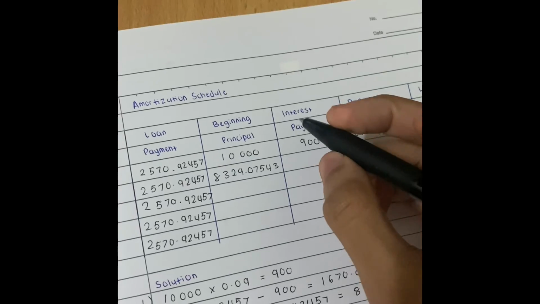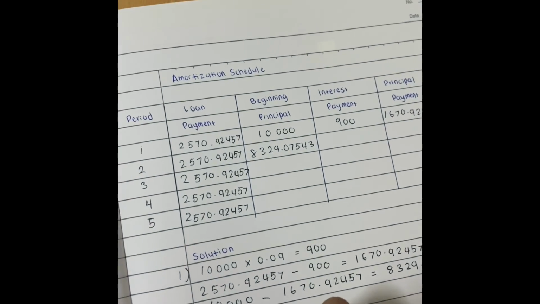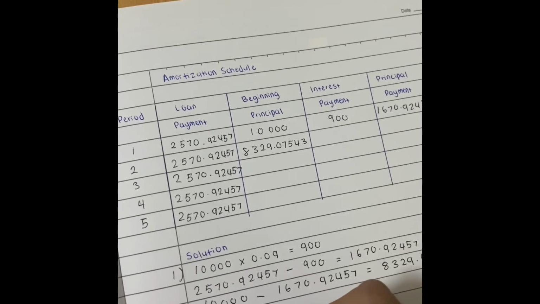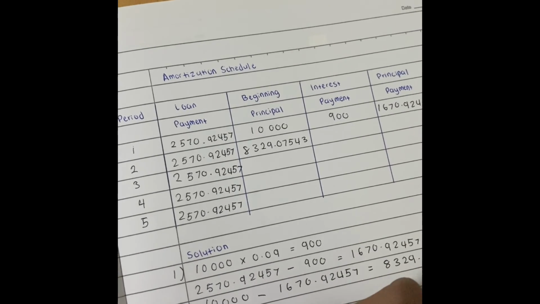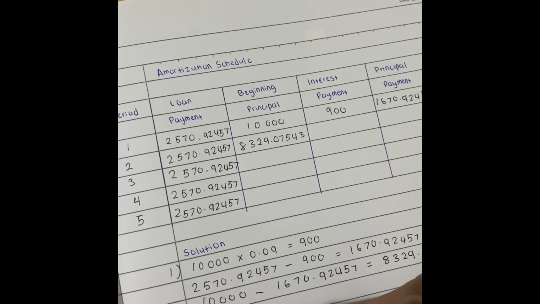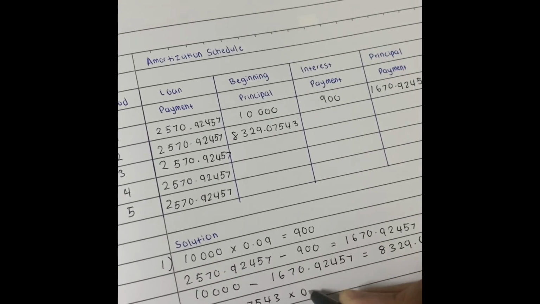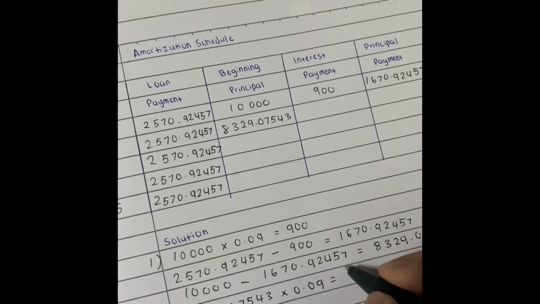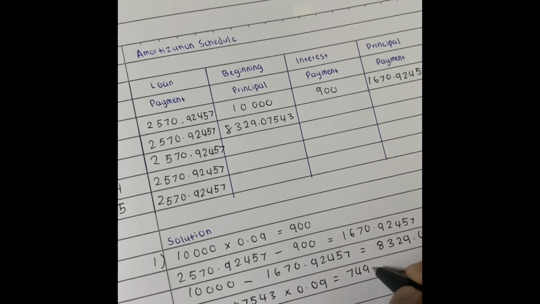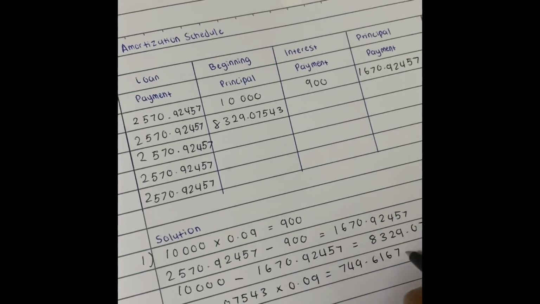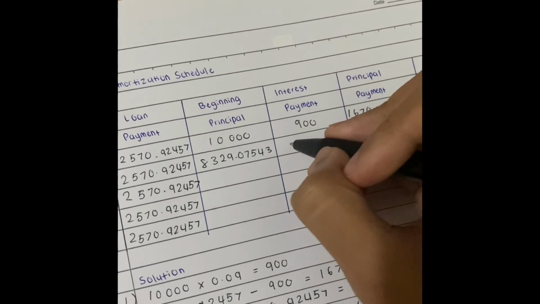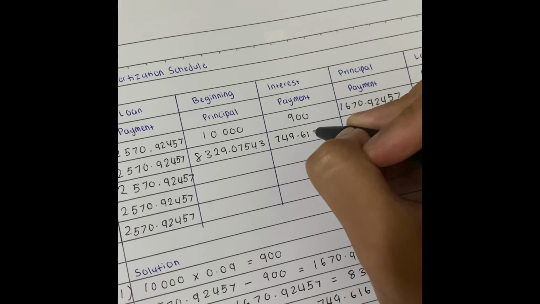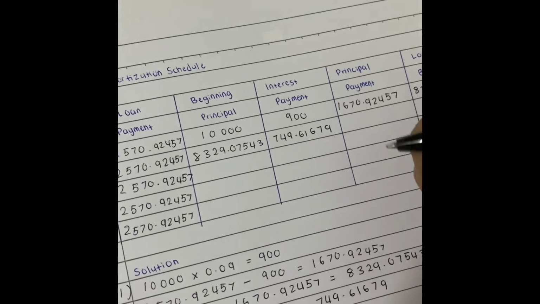So the interest payment for the second period is 8,329.07543 times 0.09. We will get 749.61679. So the interest payment for the second period is 749.61679.